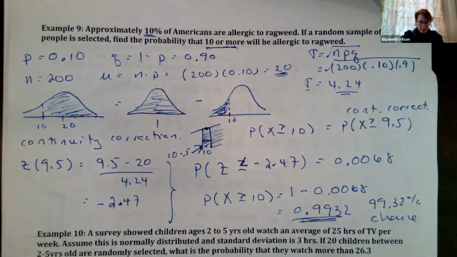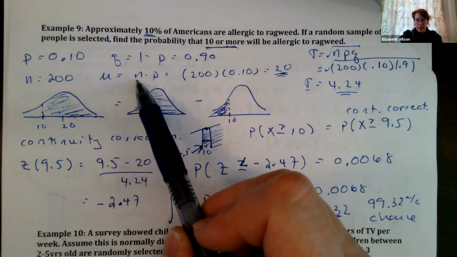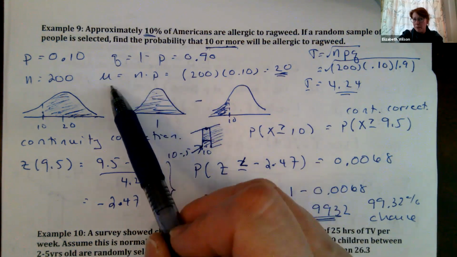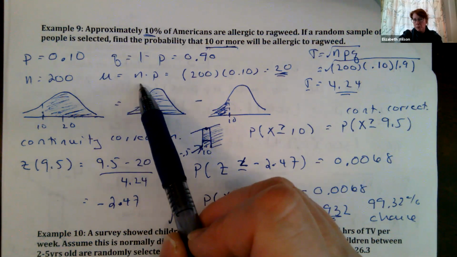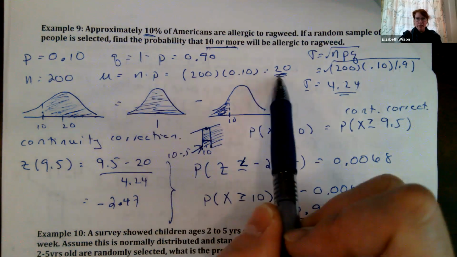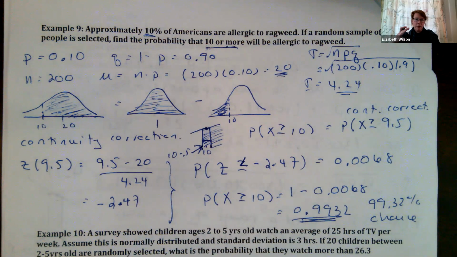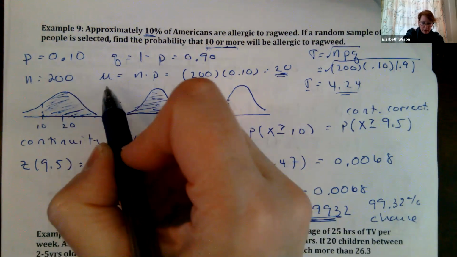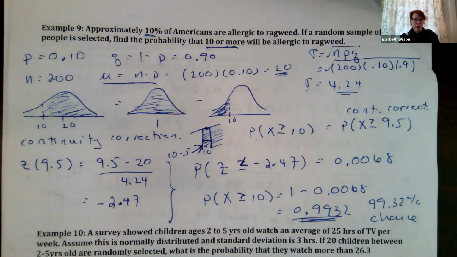As we go through, you're going to see we need to calculate n times p in order to get our mean value. If you multiply n times p and you get a value that's less than 5, that's your red flag, because then the approximation is automatically out. You're going to do this calculation every time anyway, because the mean is equal to n times p, and you need it to do the rest of your work, like calculating the z values.